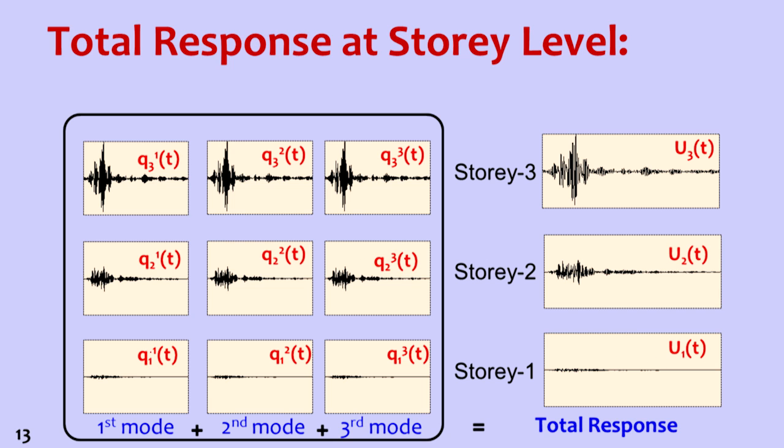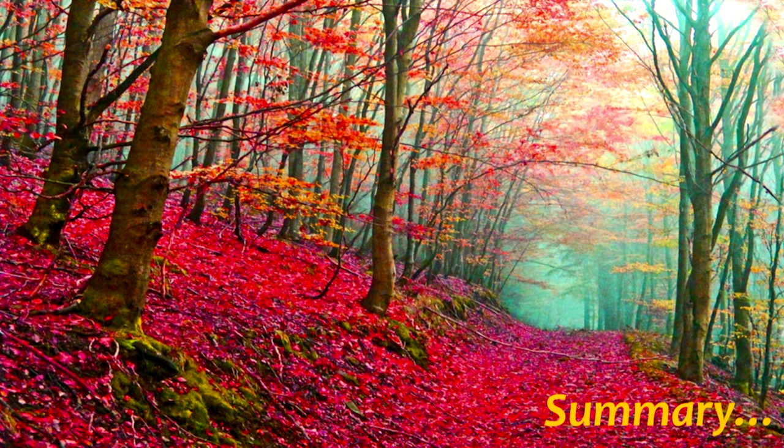Q1 of the first mode, Q1 of the second mode, Q1 of the third mode, if we add all 3, we get U1. Q2 of the first, second and third modes gives the displacement of the second story. Q3 of the first, second and third modes gives the displacement at the third floor. So, the first mode, second mode and third mode responses added together equal the total response.